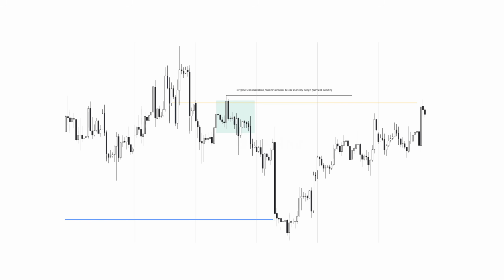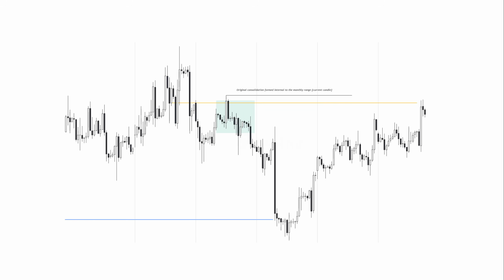Okay, anyways, as you can see, we have that monthly opening price in orange, and what happens is weeks 1 to 3 start with immediate decline until week 3 hits that higher time frame level where the smart money reversal begins. We then get a displacement to the upside and a retracement, which allows the price to expand towards what?